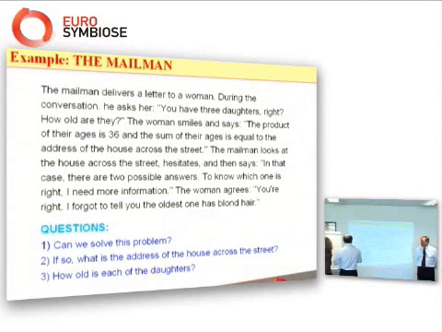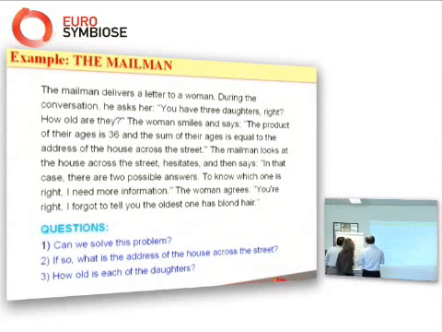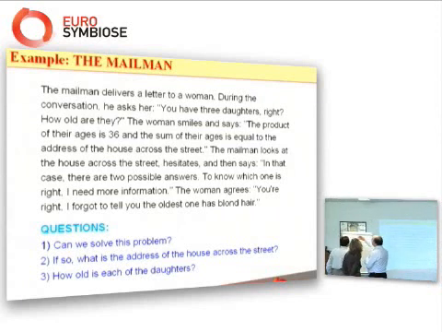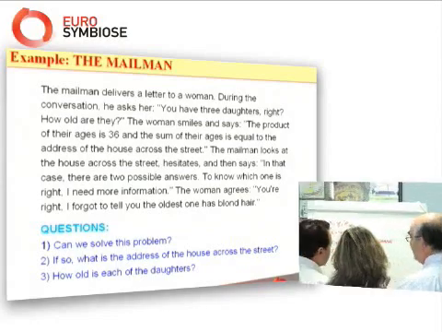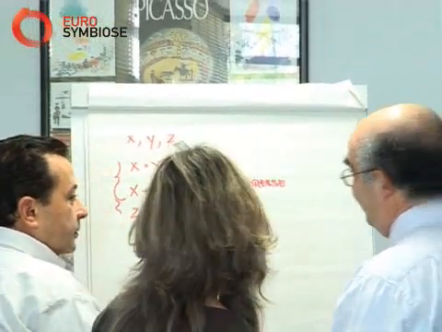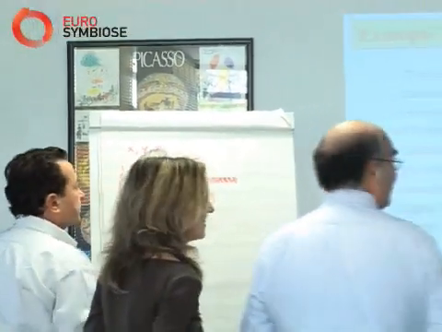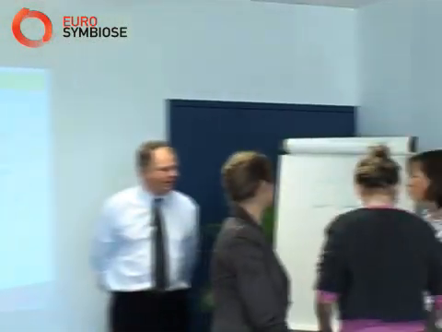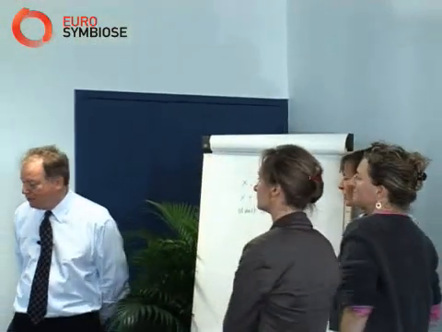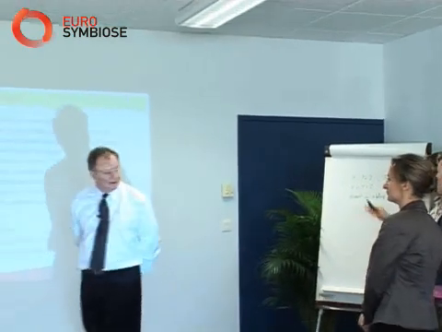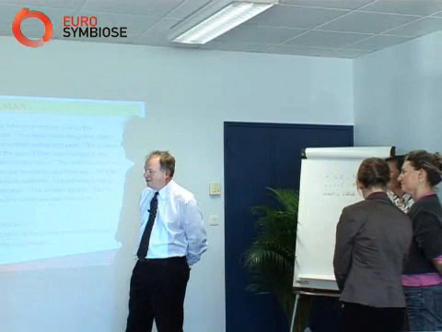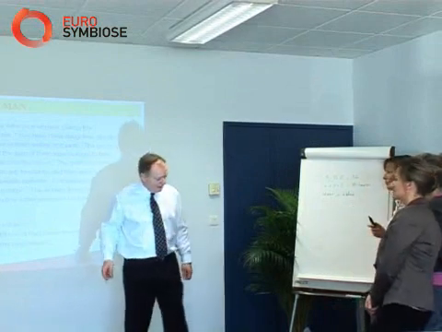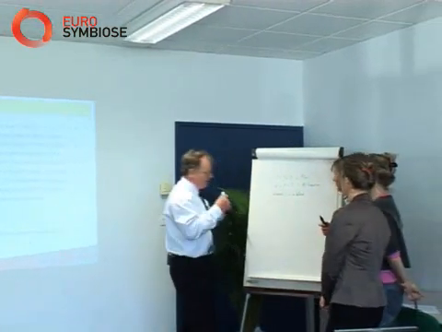The oldest is blonde. So, how can we introduce it? Do you know how to do this? We think that it can be solved, but we don't know how to manage. What about you? Do you think you can do it? We can't solve the problem. We need more data, more information. Ah, well, let's try and do it together then.